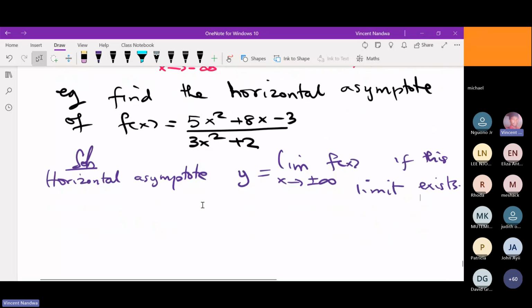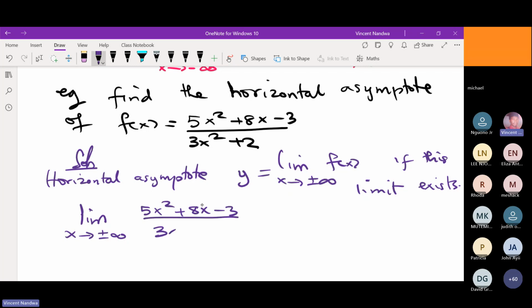So it's like simply finding the limit of the function as x approaches plus or minus infinity. So, limit as x approaches plus or minus infinity of 5x squared plus 8x minus 3 over 3x squared plus 2.